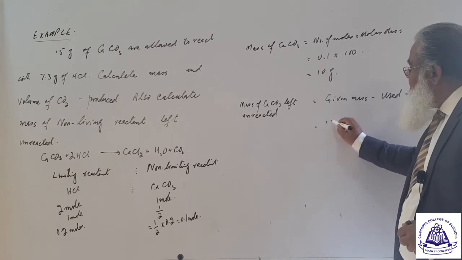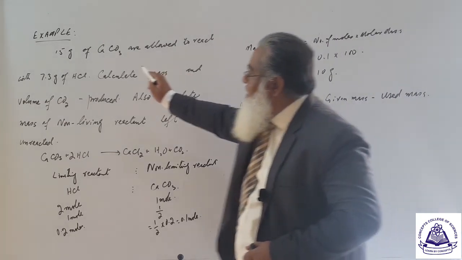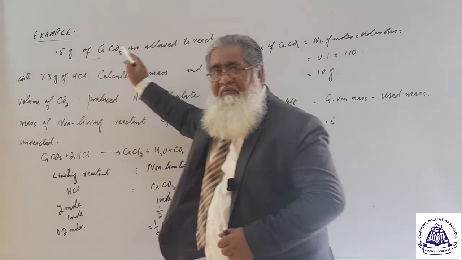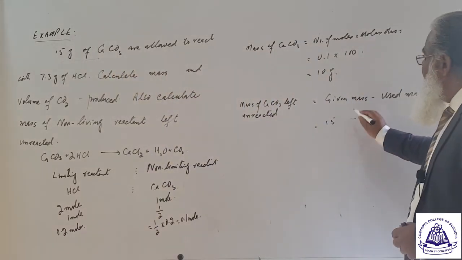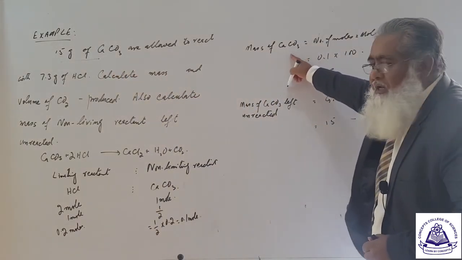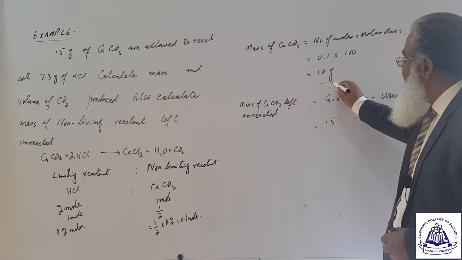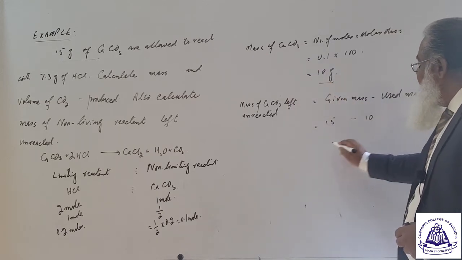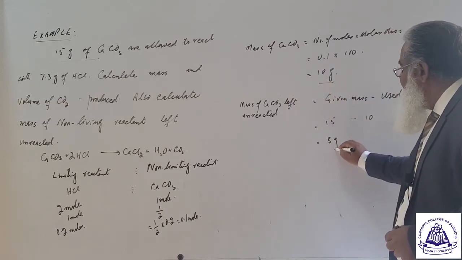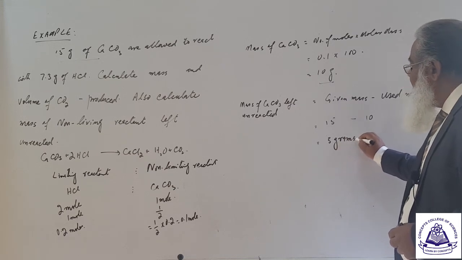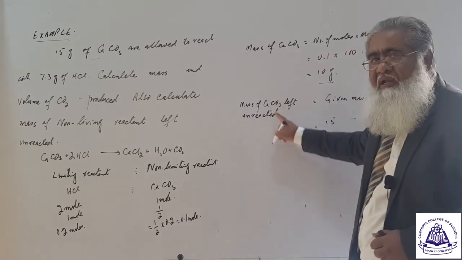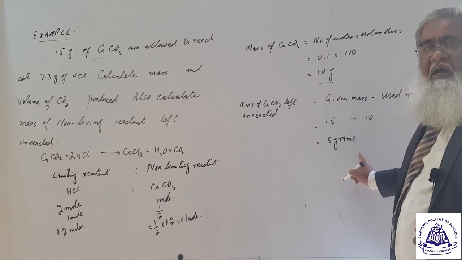Mass of calcium carbonate given with respect to the numerical is 15 grams minus the mass of calcium carbonate used during the reaction, that is 10 gram, 15 minus 10. Hence answer obtained is 5 grams. Therefore, 5 grams of calcium carbonate will be left unreacted.